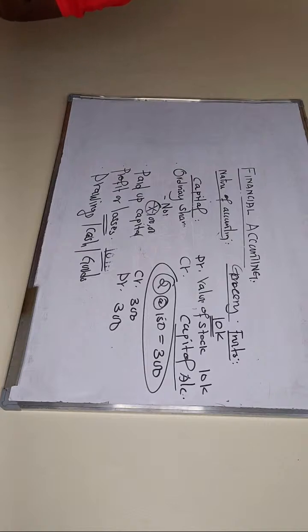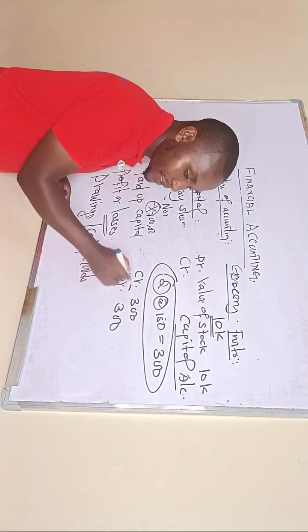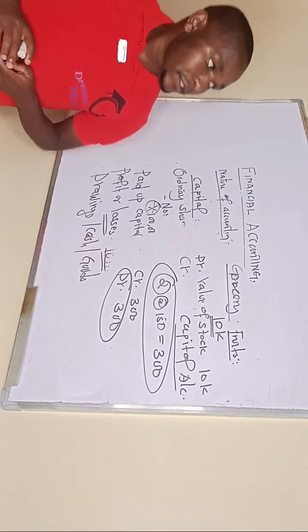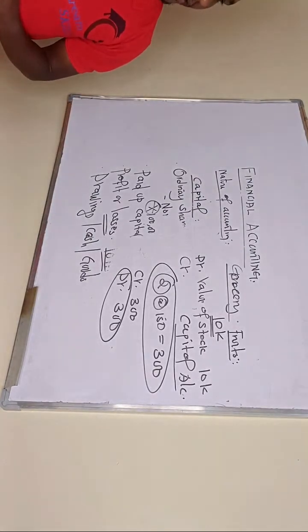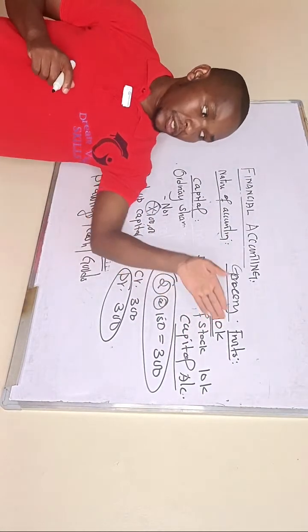So yes, reduction in capital we debit. That's why I've debited this one. Reduction in capital, there are those notes I gave you where I said an increase in capital you credit, a decrease in capital you debit.